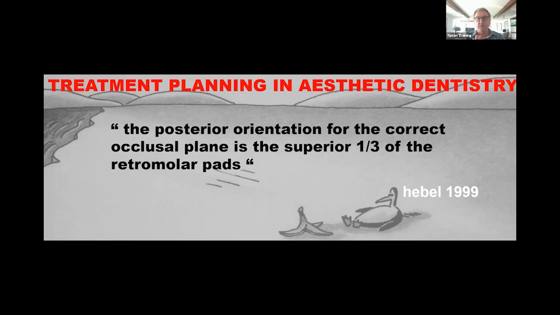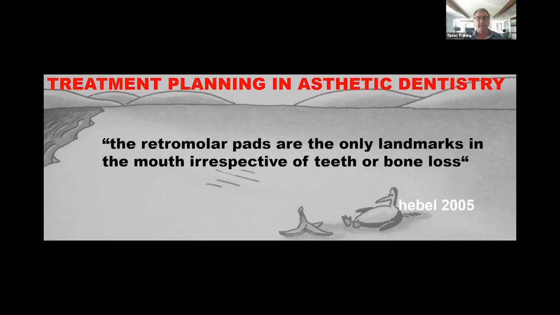And to find that correct occlusal plane, we go to the retromolar pads. And the two posterior reference points are around about half to two-thirds of the way up the retromolar pads. And we go to the lower because the retromolar pads are the only non-tooth parts where the occlusal plane goes through. And if we're doing full dentures, for instance, we've got no teeth.